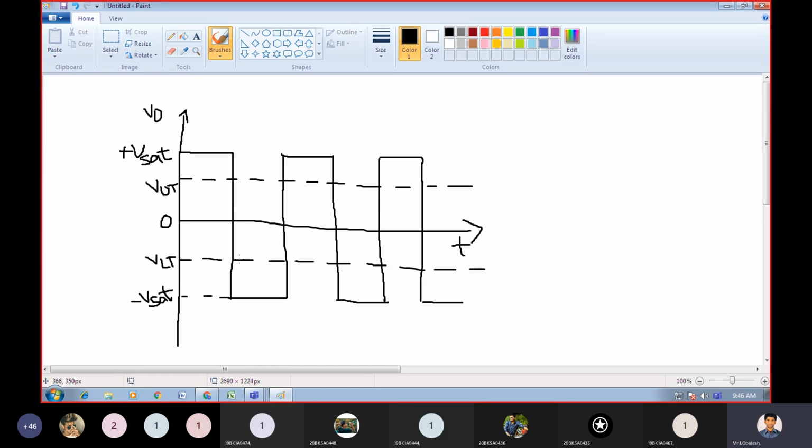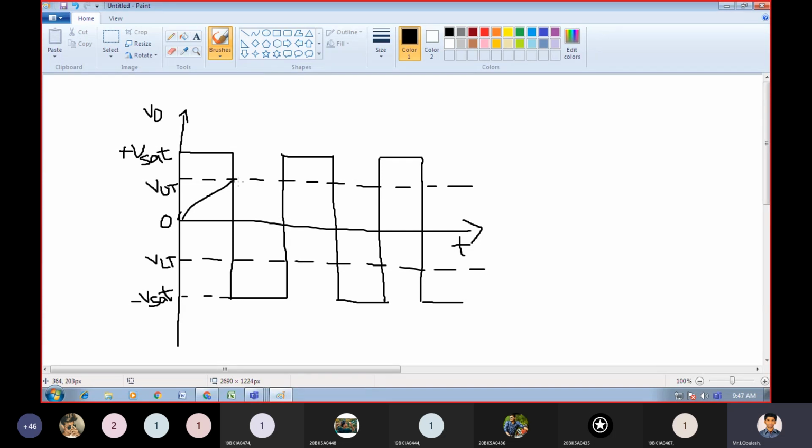See, first what is the condition? The first condition is when V0 is equal to plus V saturation, we have the peak voltage value equal to VUT. Then the capacitor C charges towards plus V saturation. Initially, it charges up to this level. Once it reaches the maximum, what will happen?